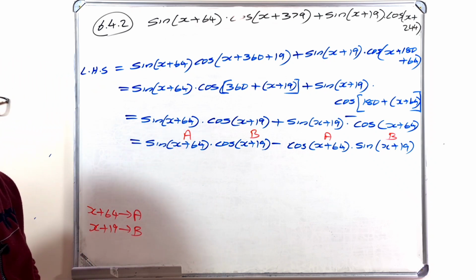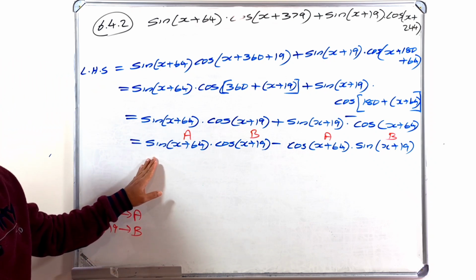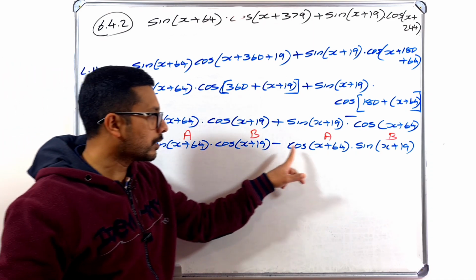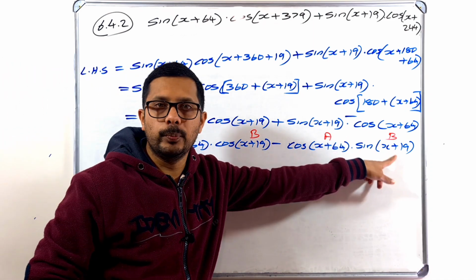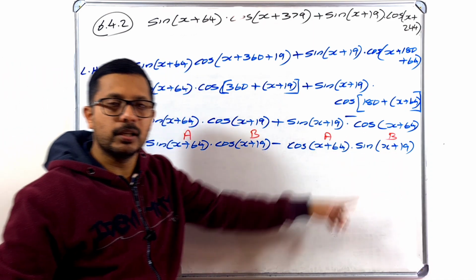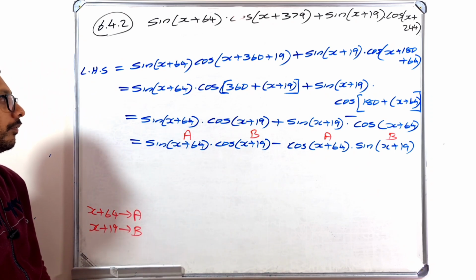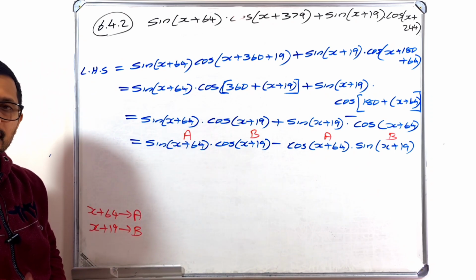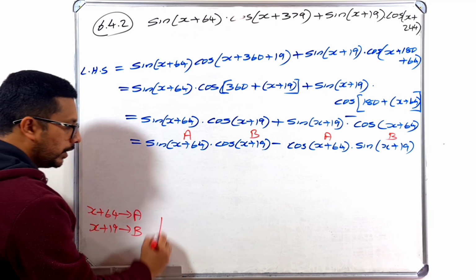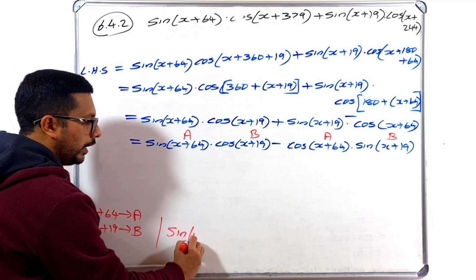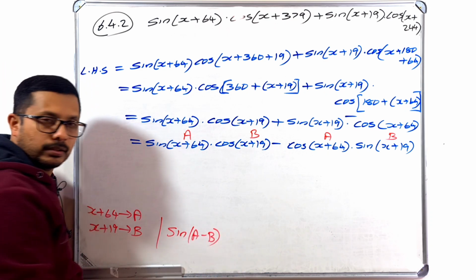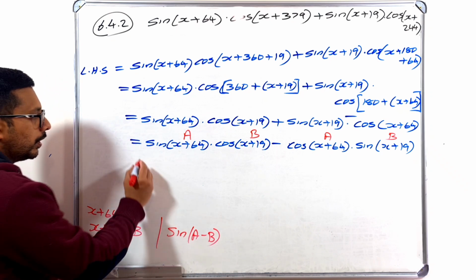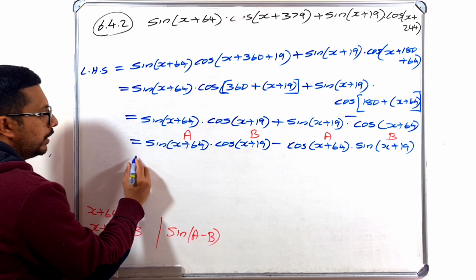So if you read it like a and b, sine a cos b minus cos a sine b, is it not like that? So what is the expression for sine a cos b minus cos a sine b? That is sine of a minus b. Sine a cos b minus cos a sine b, so like that we can write it here.